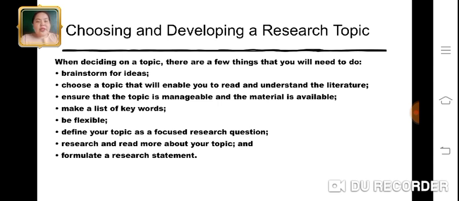Next is research and read more about your topic. So, ayan. Alam naman natin, from the word itself, research. Kailangan mong mag-gather ng data or information about the topic mo. Next, lastly, formulate a research statement. So, what is a research statement?